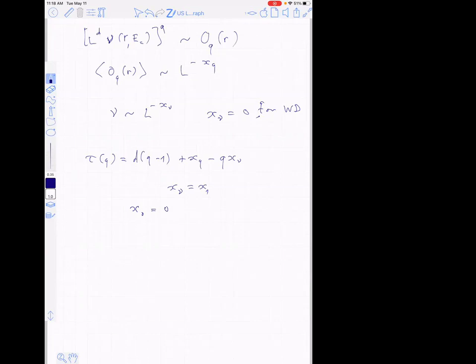What's much more non-trivial is that generically these xq behave in the following way. So it starts here. Well, it continues actually beyond this, but it goes back and hits another point, q star, where it also vanishes. So there exists some q star such that x q star is 0.